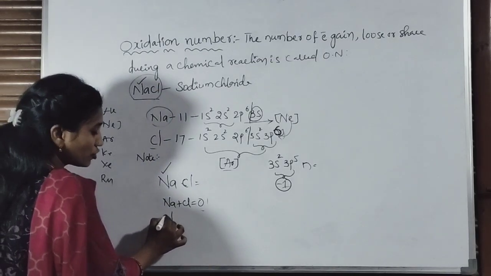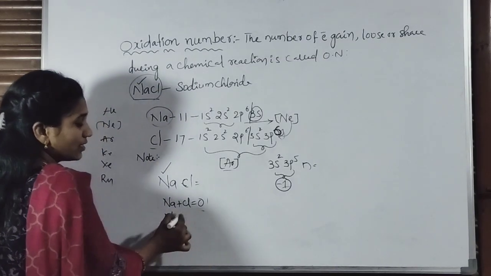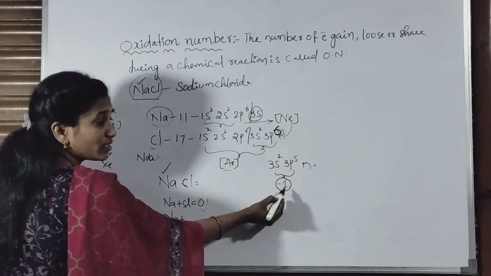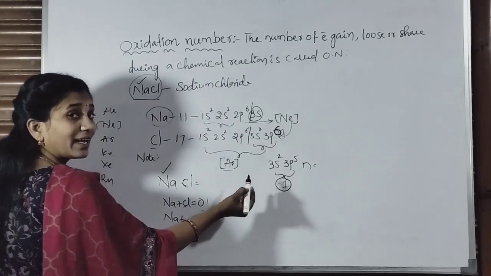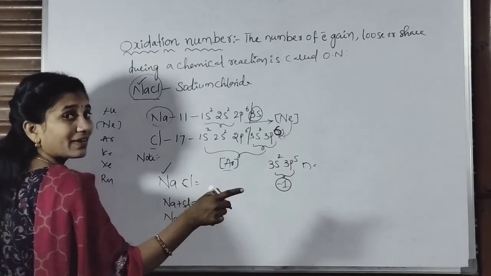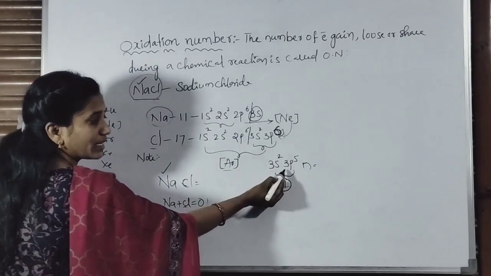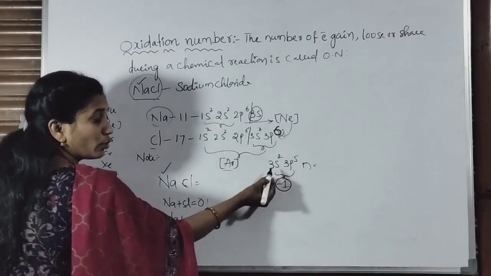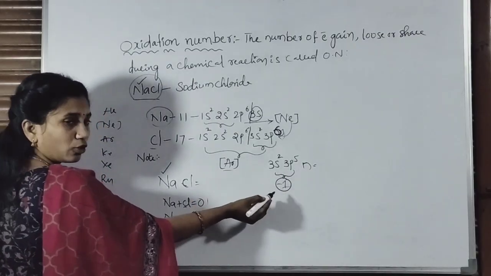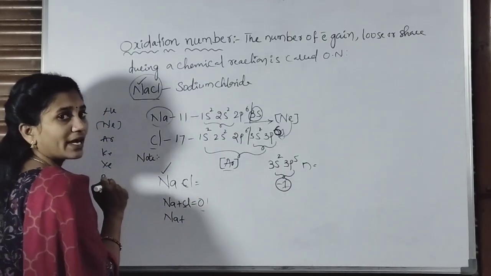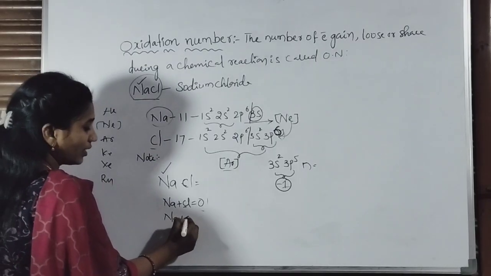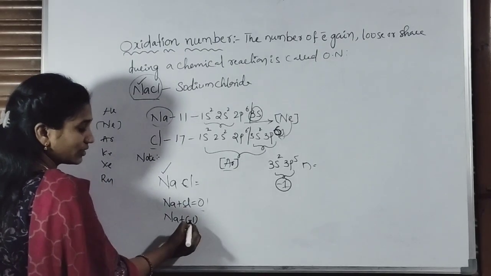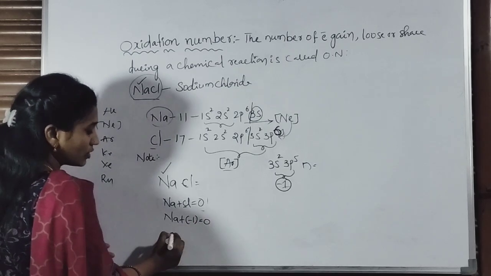Now let me substitute the value of Cl. What is the valency of Cl? It is -1, as I already told you, because the number of electrons gained to get stability is the valency for that element. If it gets one more electron, it will become stable in nature. Because it is getting an electron, not losing, a negative sign should be indicated. So Na plus, in the place of Cl, I substitute -1, is equal to 0.